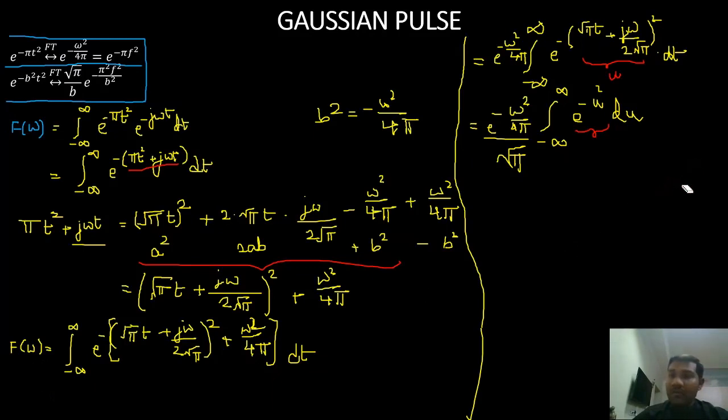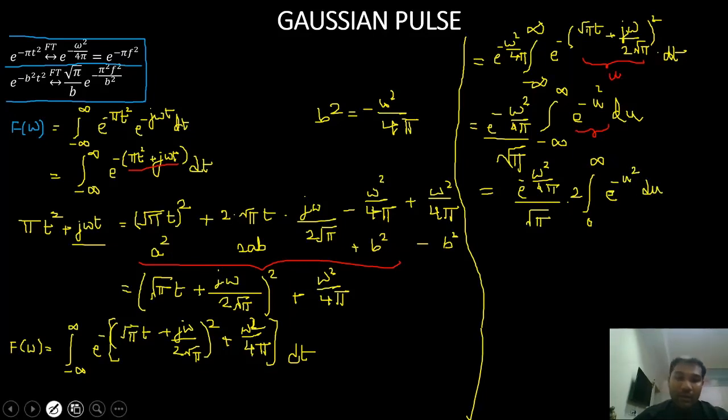When it's an even function and has the limits minus infinite to plus infinite, I can change it to this coefficient divided by root pi, integral 0 to infinity, multiplied by 2, e power minus u square du.